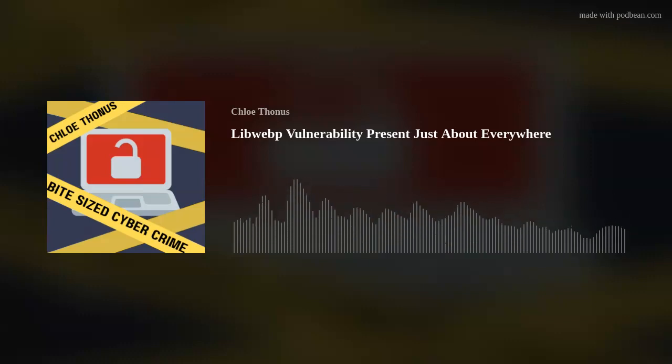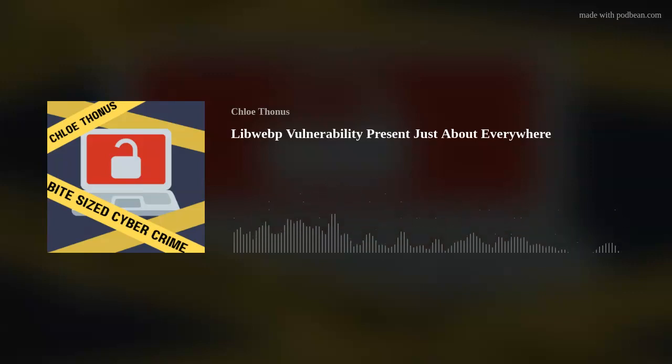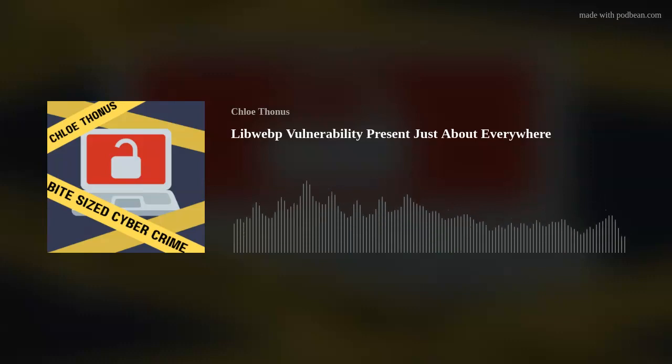So, we know this vulnerability is potentially everywhere, which is bad, but what exactly does it do? After all, you need to consider not only how many systems are affected by it, but how bad the vulnerability actually is. And unfortunately, it's pretty bad. The vulnerability is tagged as CVE-2023-4863, and it's a heap buffer overflow error in the Libwebp library.